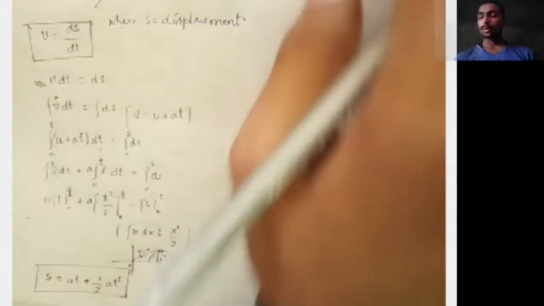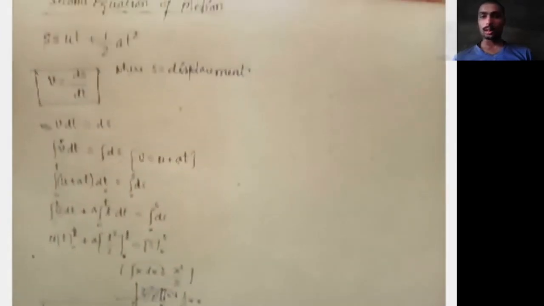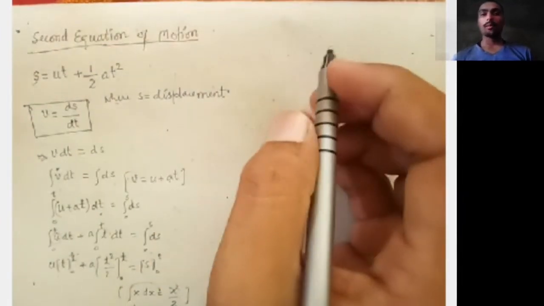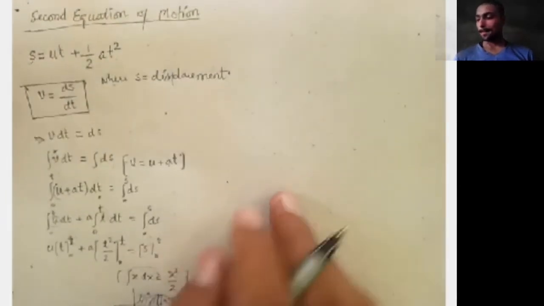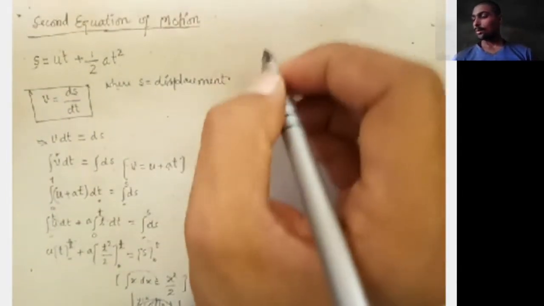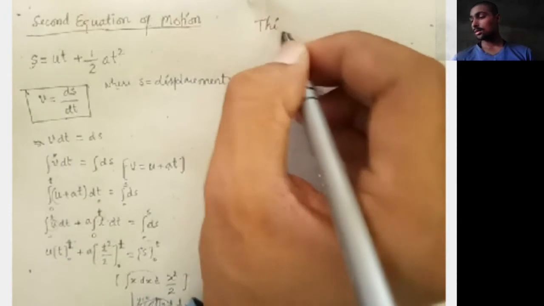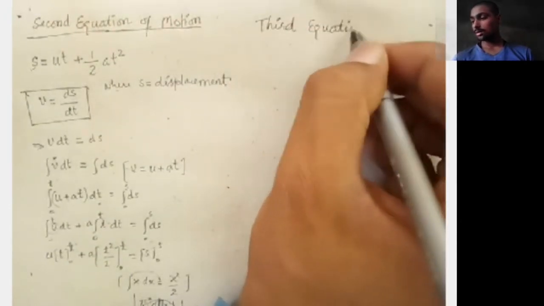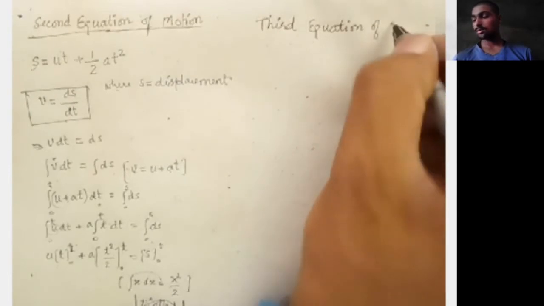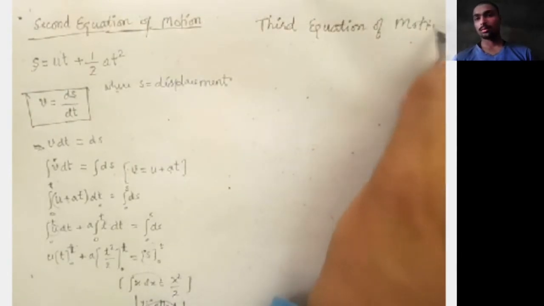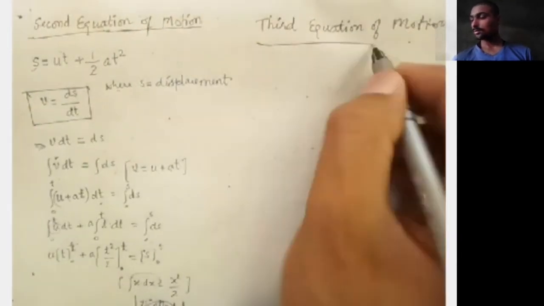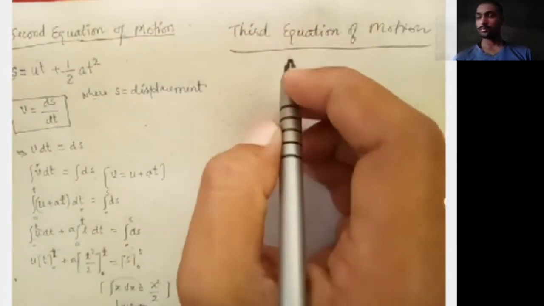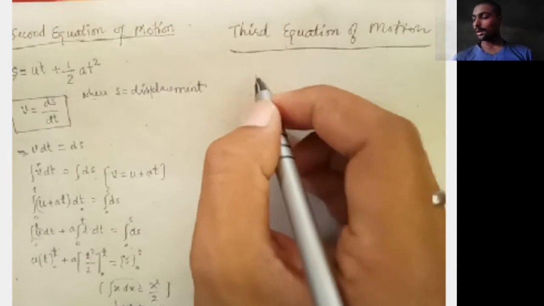Now coming to the third equation, we can derive it directly with the help of these two equations we have already covered. So first, writing the third equation of motion, what is the equation?